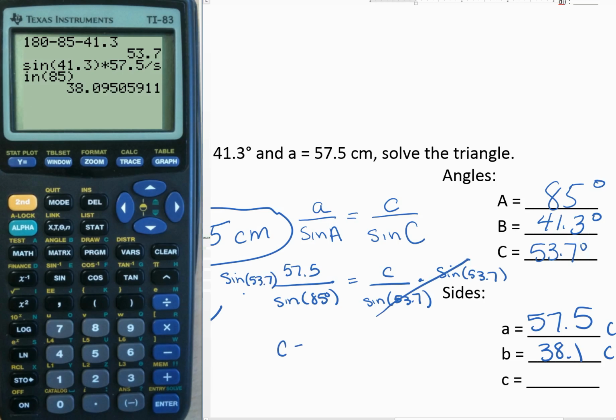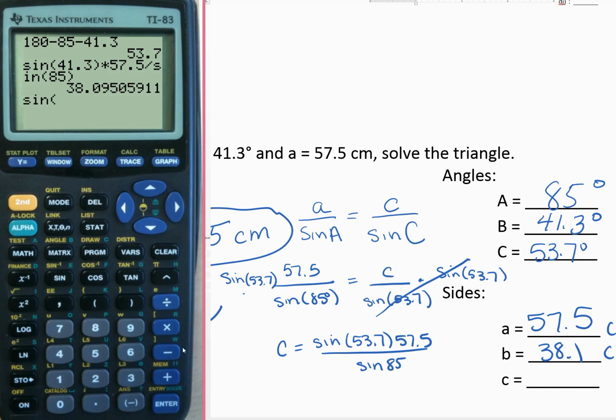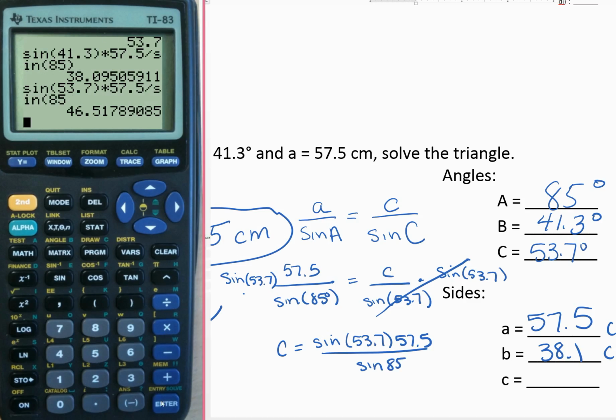So we'll get c equals sine of 53.7 times 57.5 over sine of 85. And we can put that in our calculator. Okay, and we see that c then is 46.5 centimeters.